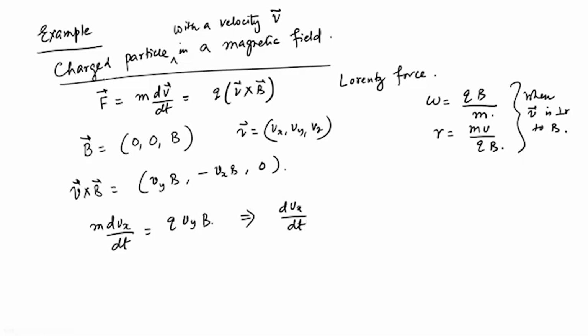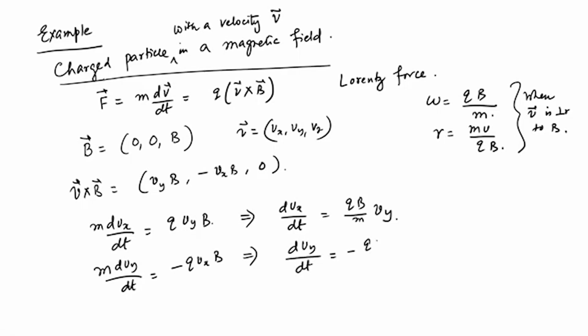So, that is the change in velocity in the x direction, which means the acceleration in the x direction, which is qB over m, and Vy, and for the y direction we have dVy/dt, which is equal to minus q Vx into B. That gives you dVy/dt equal to minus qB by m and Vx.